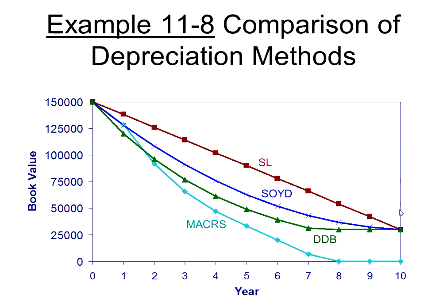Normally it would be a 10-year life, but in terms of MACRS property class, it would fall into 7-year, and there is a half year right here, so you would see something like this.